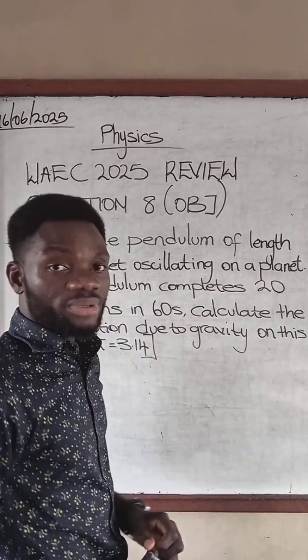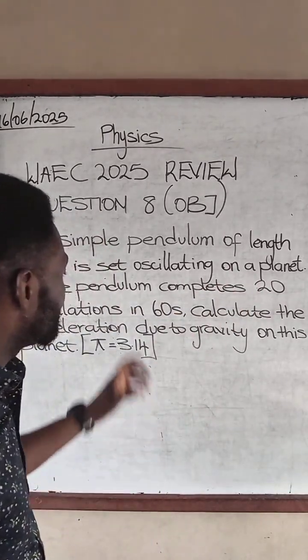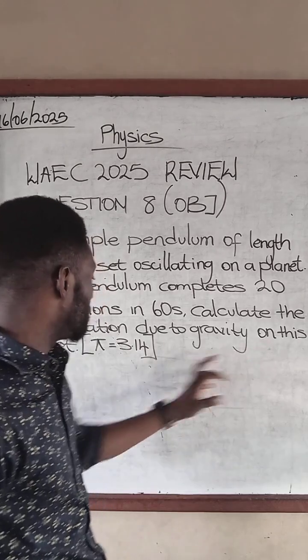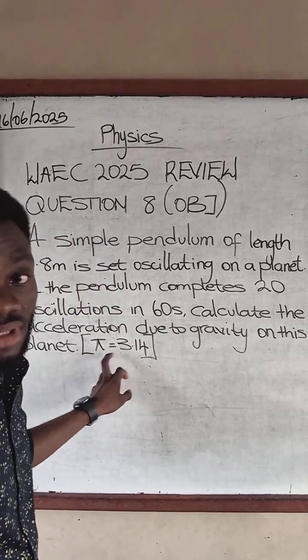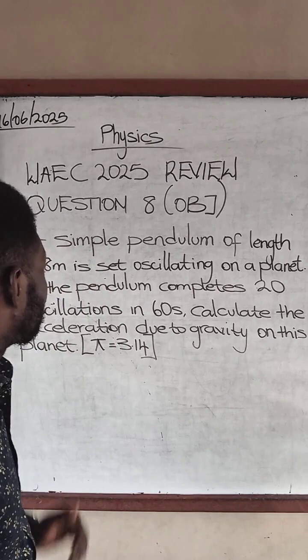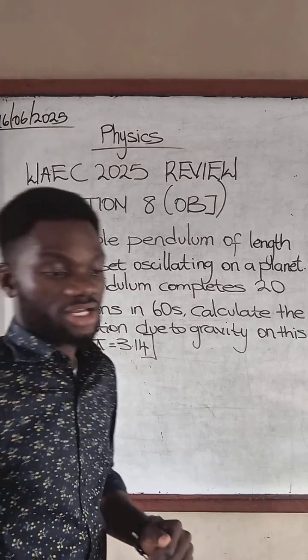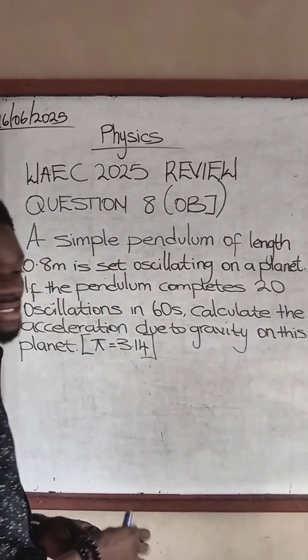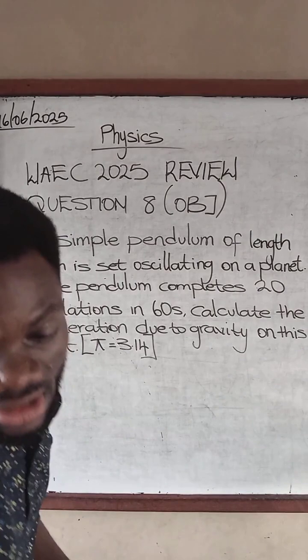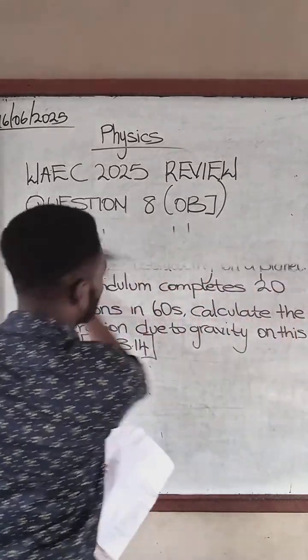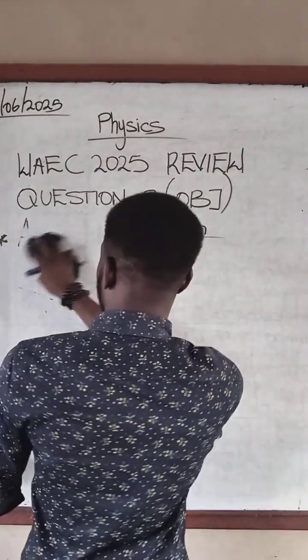If the pendulum completes 20 oscillations in 60 seconds, calculate the acceleration due to gravity on this planet and take pi to be 3.14. Right? Take a little while and think of this question before we start solving. Alright, so let's see the solution to this particular question.